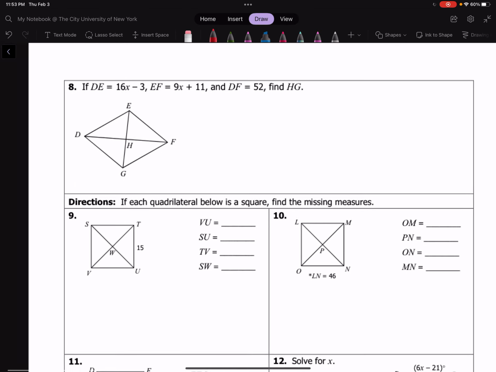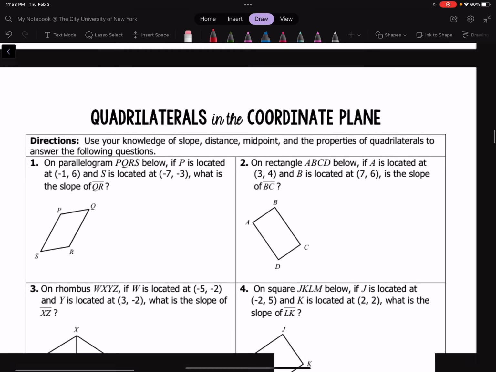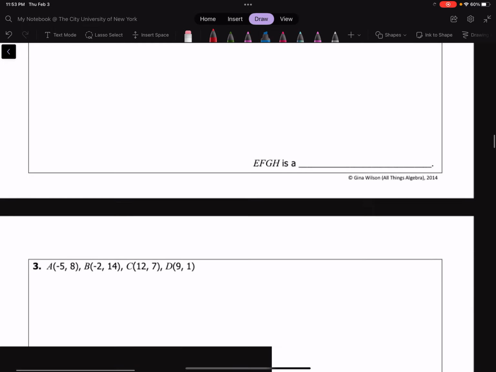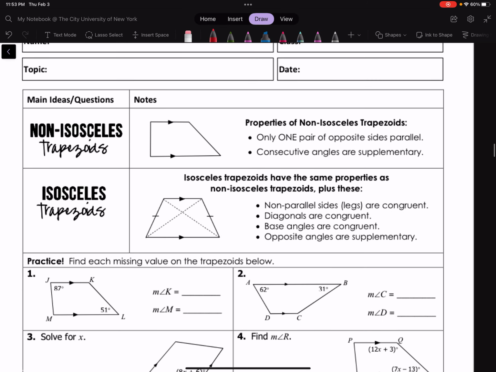Okay, so let's move forward. Let's go to your packet, page number 19. Page number 19 should be here.